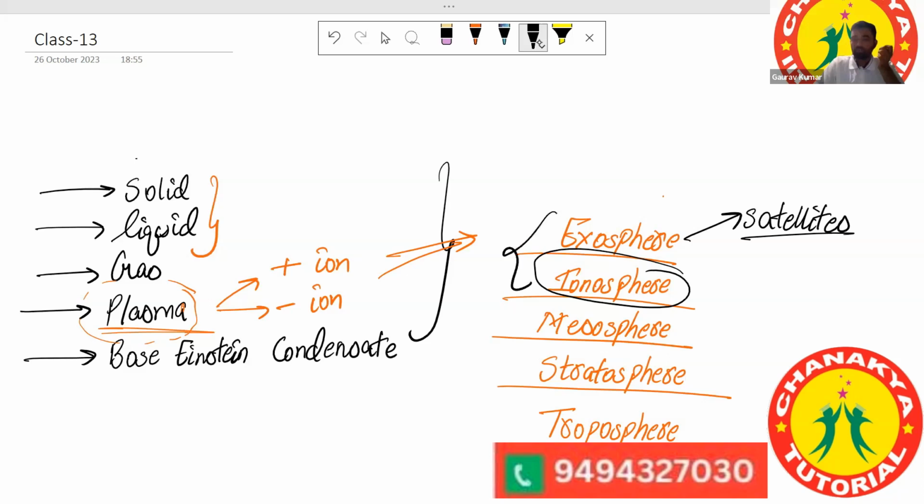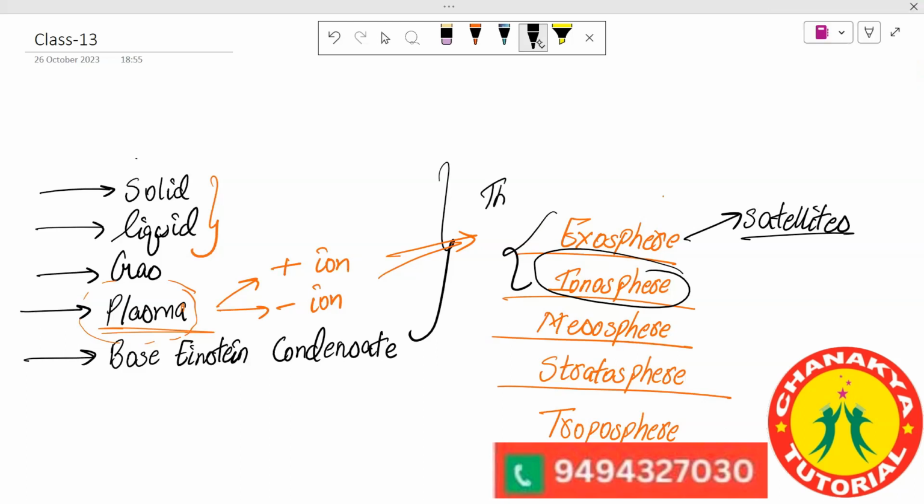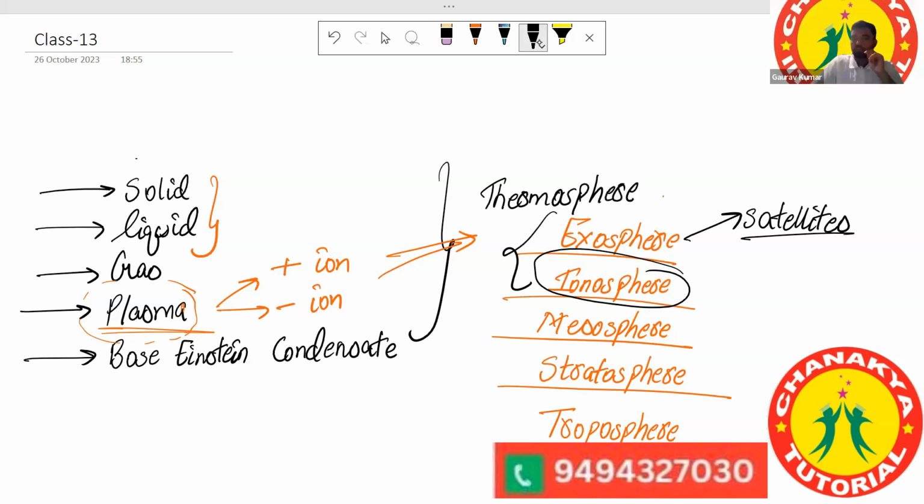This whole we call it as thermosphere. Okay, and you are correct that this whole is a thermosphere. But we are talking about ionosphere, I'm just trying to distinguish it. So there is mesosphere, and after mesosphere comes ionosphere, and after ionosphere there is exosphere. And these two layers together we call thermosphere.